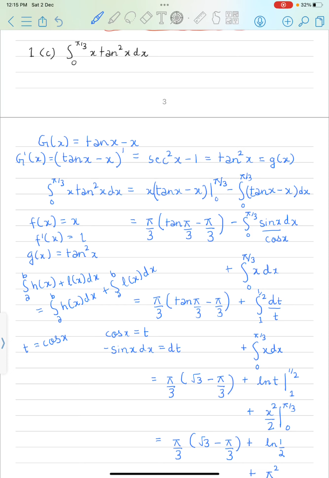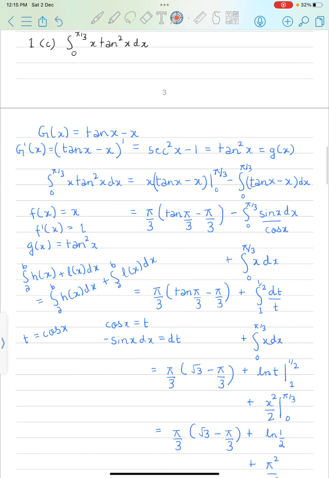So cos x is equal to t, then minus sin x dx by dt is equal to 1. So minus sin x dx is equal to dt. This minus sin x dx will become dt, and cos x is our t. And then you have to accordingly change the limits 0 and pi by 3.